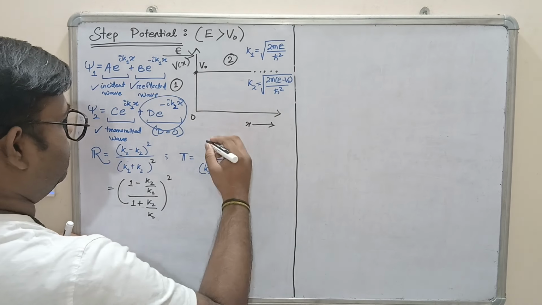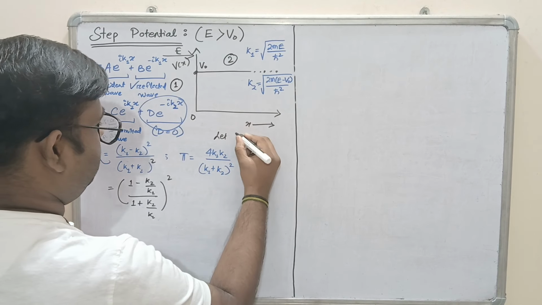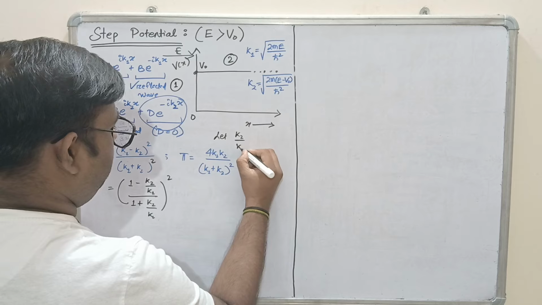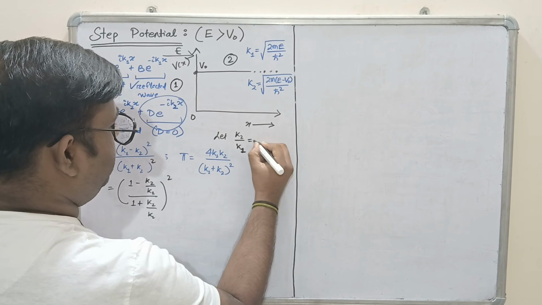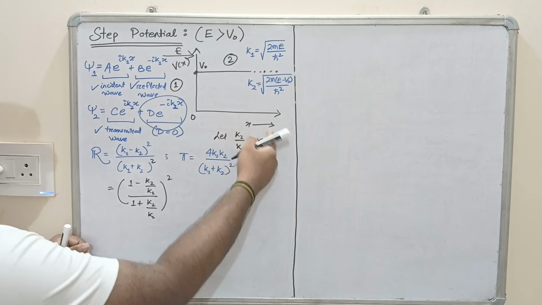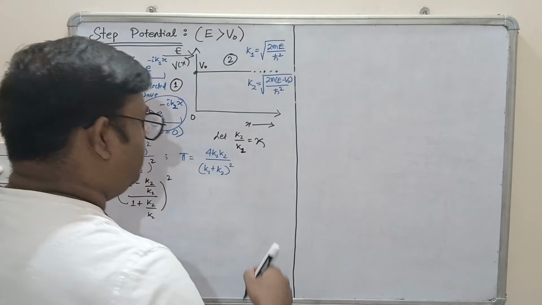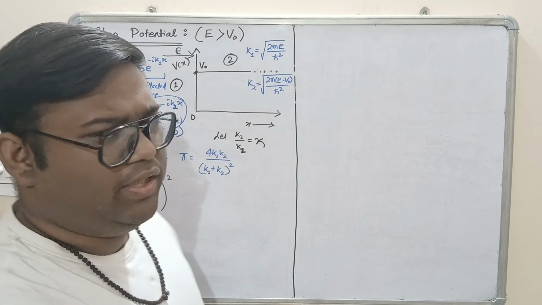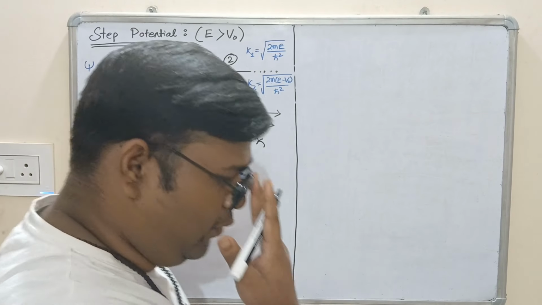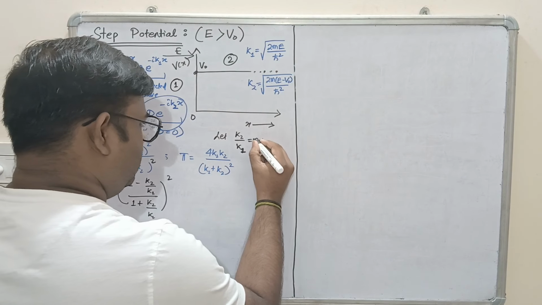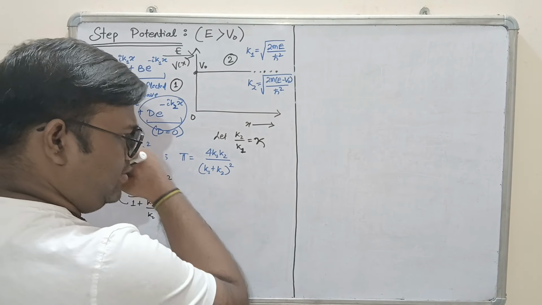So if we assume, let k2 by k1 be this symbol, some call it chi, some call it something else. I don't know what we call it. Just write it like this.